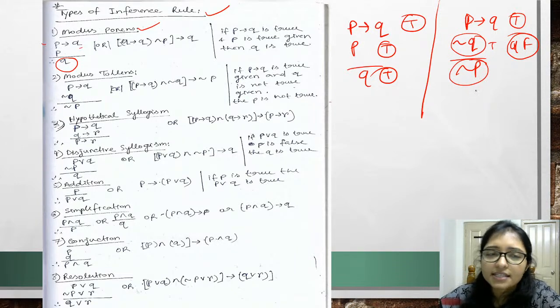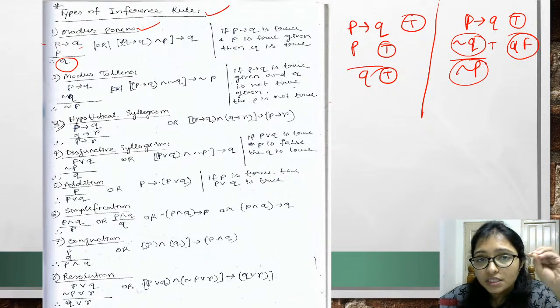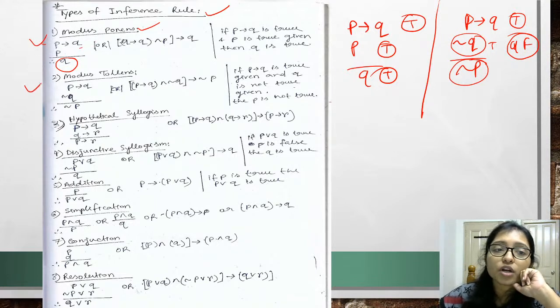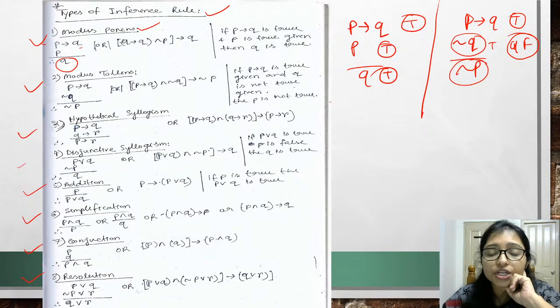Yesterday we discussed everything. If you have any doubt, you can ask me. Otherwise, I suggest that you try to solve this, how it is coming. Right? Any doubt in modus ponens, modus tollens, hypothetical syllogism, disjunctive syllogism, addition, simplification, conjunction, resolution? Any doubt?